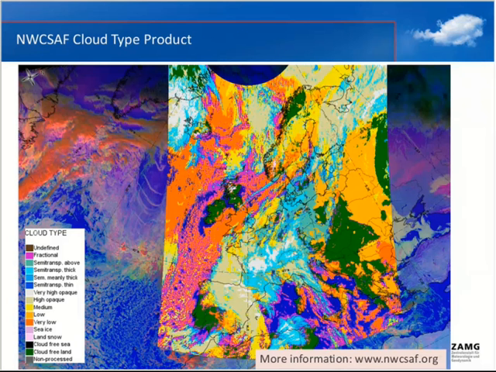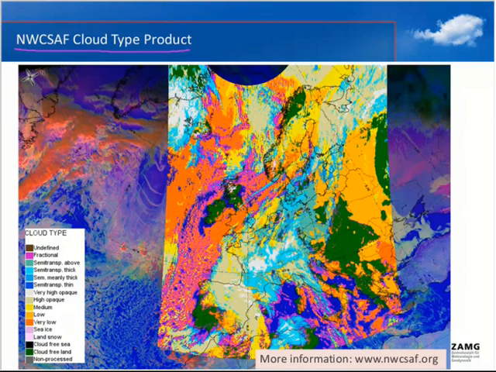What more can you do when you want to see whether there's fog or snow or anything like that? You can use the NWCSAF Cloud Type Product. This is also available in the ePort, and this is a special threshold algorithm that is also using the cloud mask type, and in the end you get this quite colorful picture with many colors.